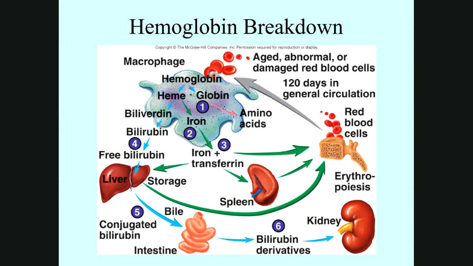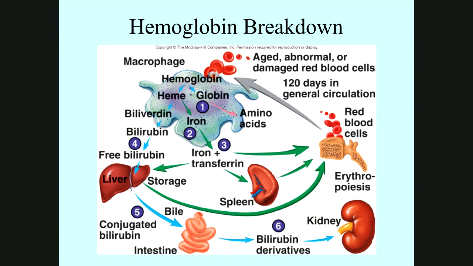The heme also, the hemoglobin can be catabolized into the heme, giving the iron, which plus the transferrin can be transported into the spleen and then, or directly, to the bone marrow or the liver and serve as a storage for the iron. It can be catabolized to biliverdin, green in color, which can be converted into bilirubin.